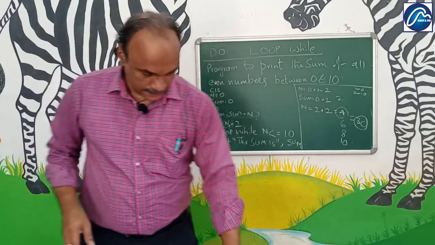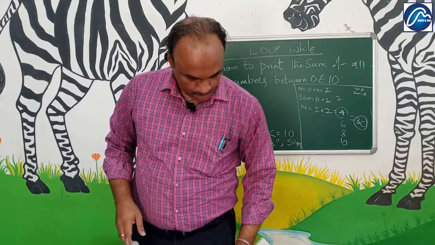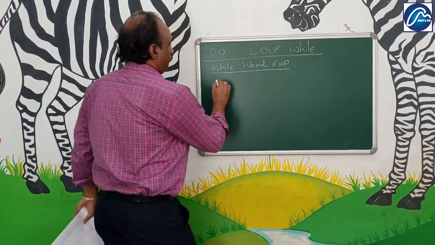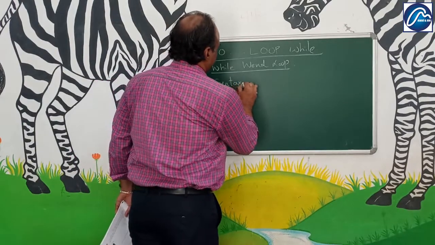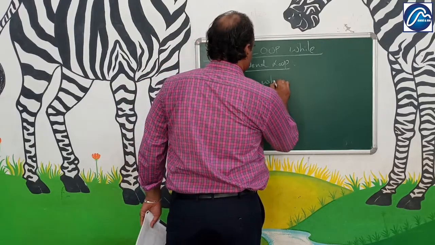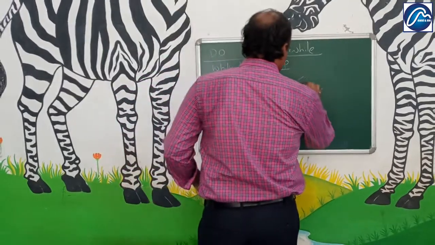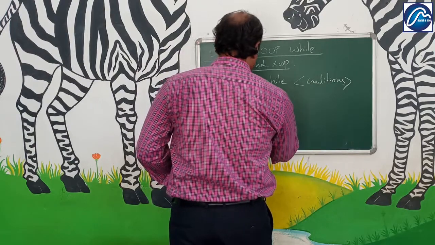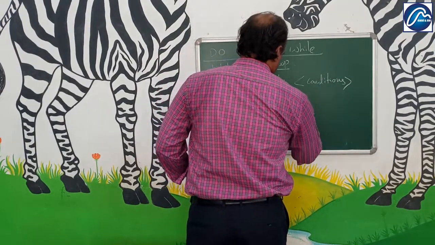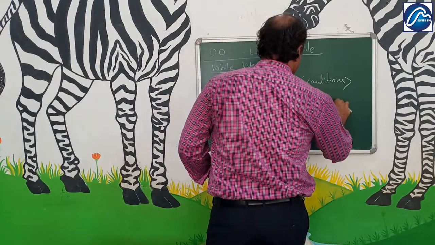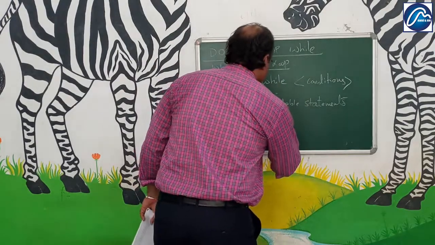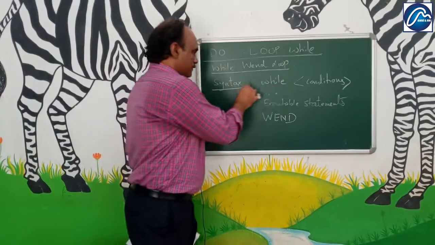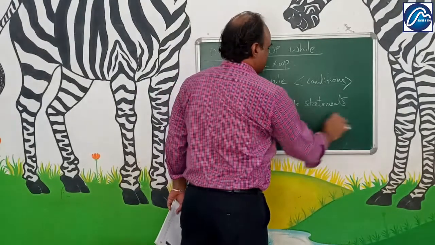So the last part, while wend loop. The syntax of the while wend loop is: while, conditions, statements, and this is wend. While wend, these are the statements which get executed within the loop.